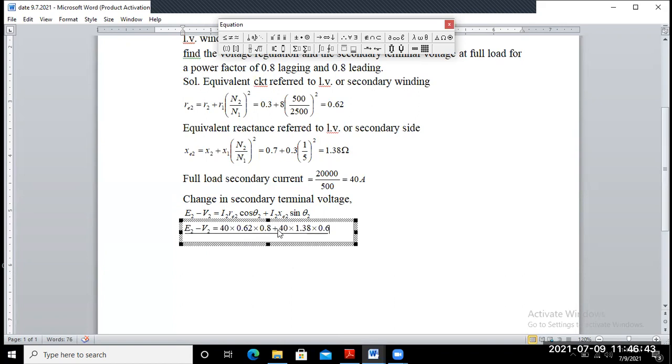Now simplify this equation. You will get the value of E2 minus V2 equal to 52.96.